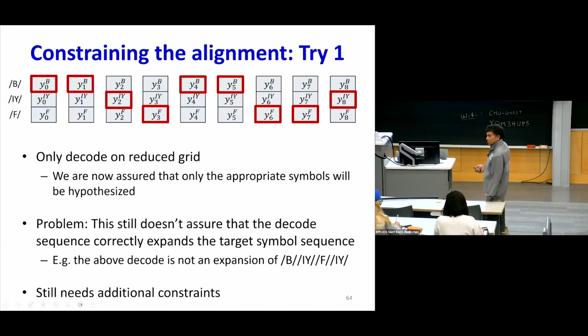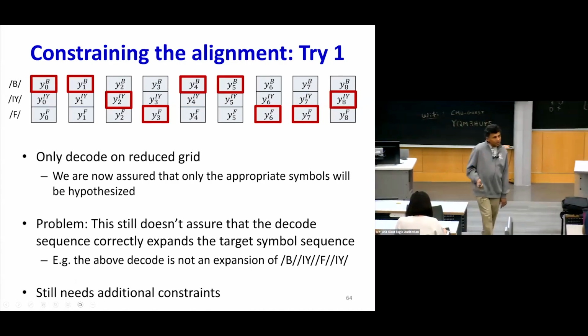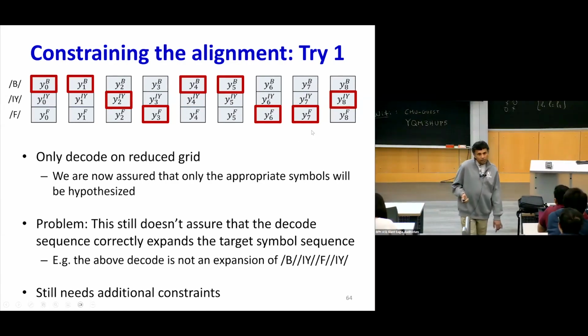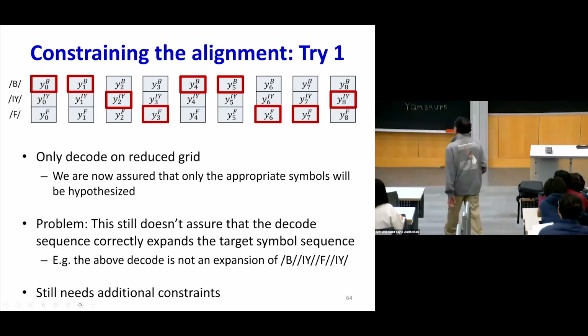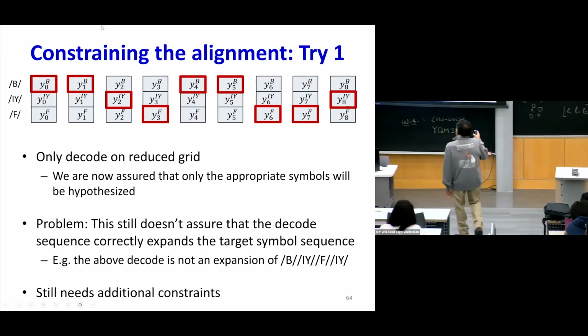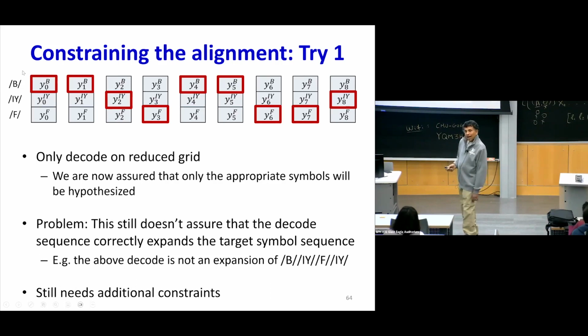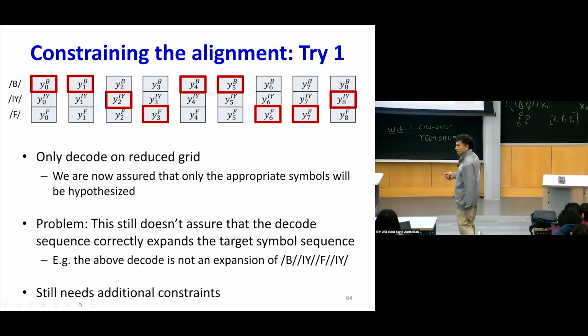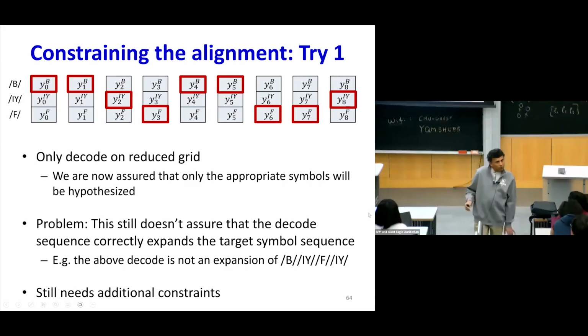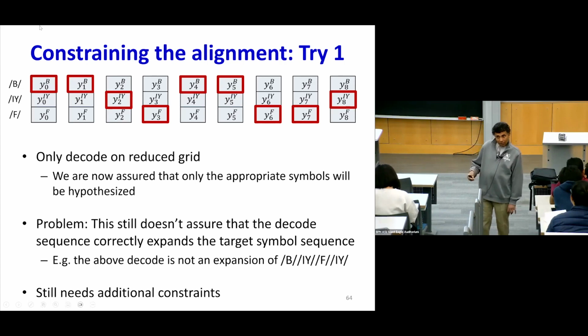If I just pick the most likely at each time, although you're guaranteed that the symbols you get will be in your symbol sequence, there's no guarantee that it's actually going to align to your symbol sequence. So here, for example, I've just picked the most likely, and this has become the beefy, which is not an alignment of beefy at all. So things are improving. Now we're not getting garbage symbols, but we're getting garbage sequences, alignments.